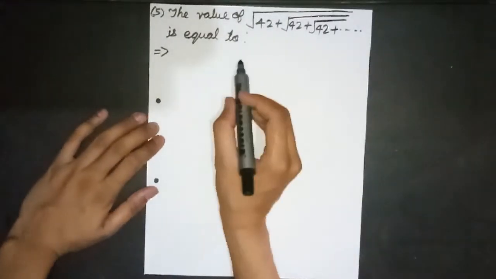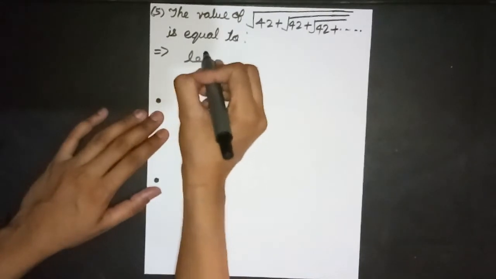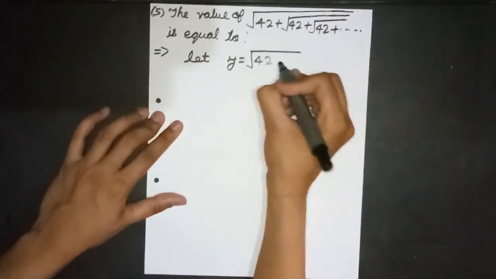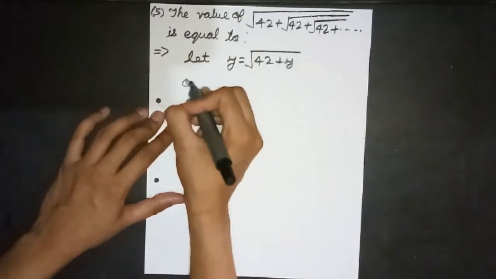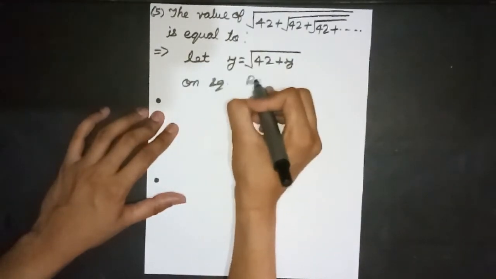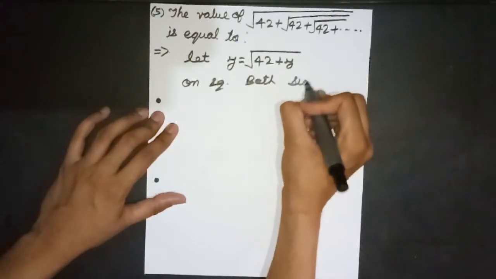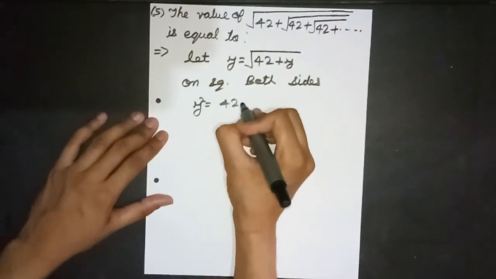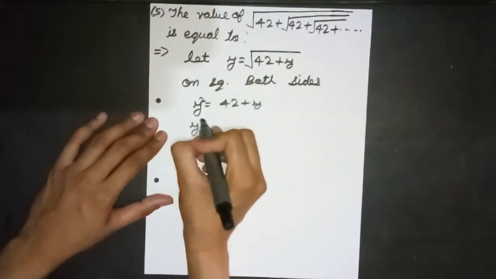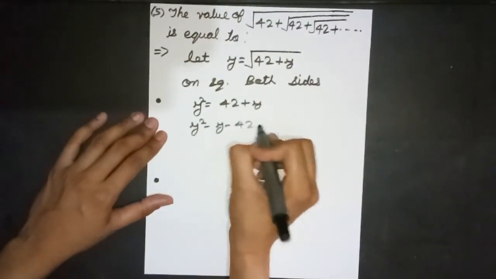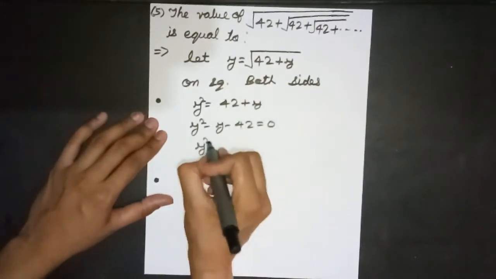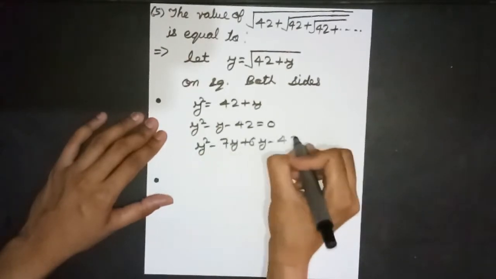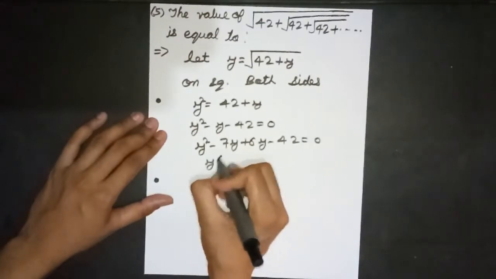Fifth is the value of root of 42 plus root 42 plus root 42 and so on is equal to. So let y be equal to root 42 plus y, and now on squaring both sides we get y square is equal to 42 plus y, and this gives y square minus y minus 42 is equal to 0. y square minus 7y plus 6y minus 42 is equal to 0.